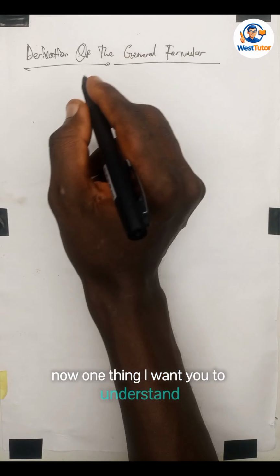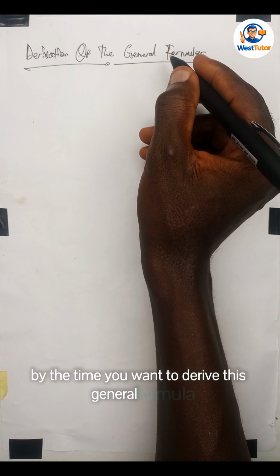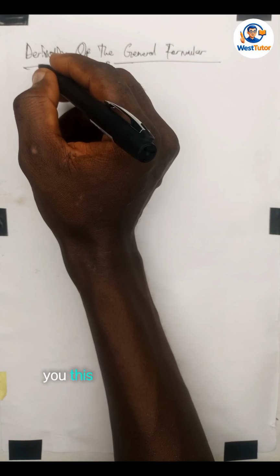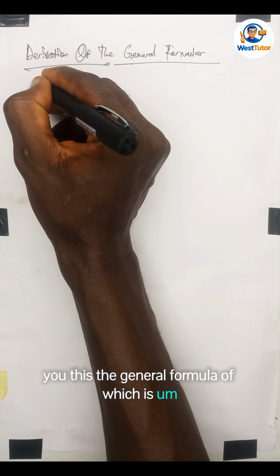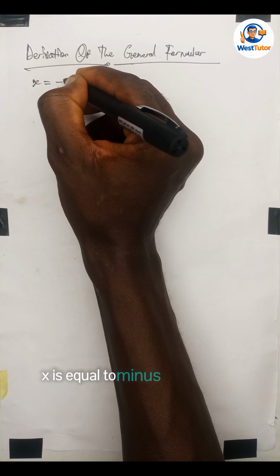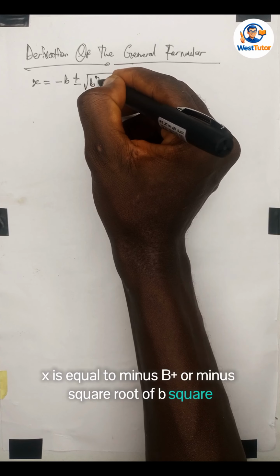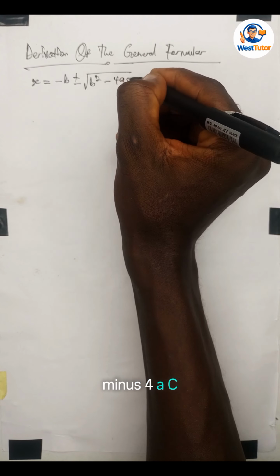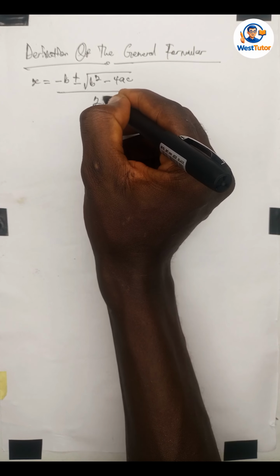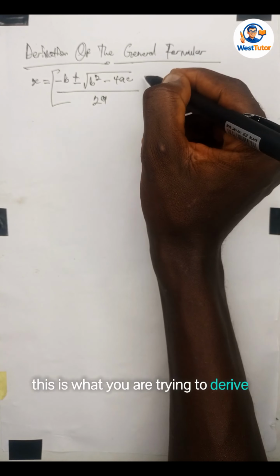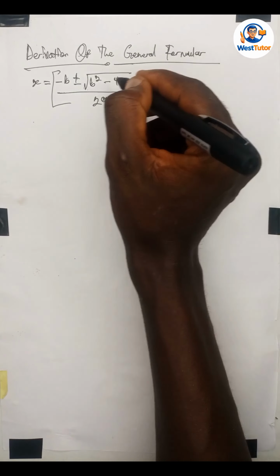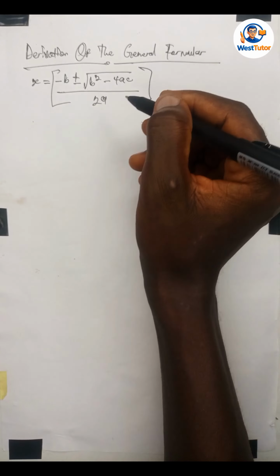Now, one thing I want you to understand is that by the time you want to derive this general formula, the formula is x is equal to minus b plus or minus square root of b squared minus 4ac, everything over 2a. This is what we are trying to derive, right? Good.